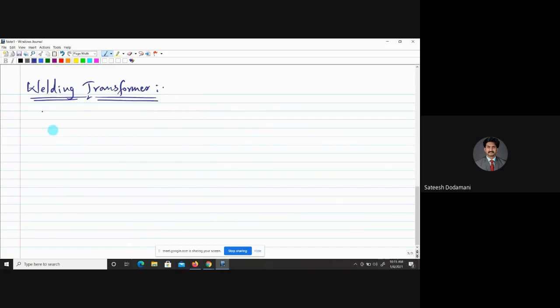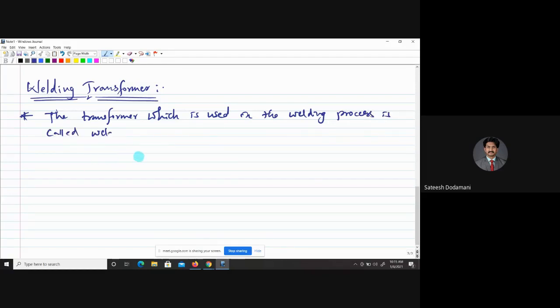In very simple words, we can define that the transformer which is used in the welding process is called a welding transformer. That's it. The transformer which is used in the welding process is called welding transformer.